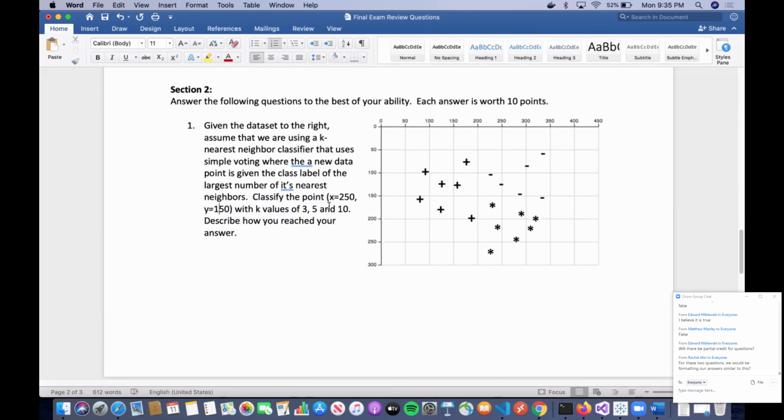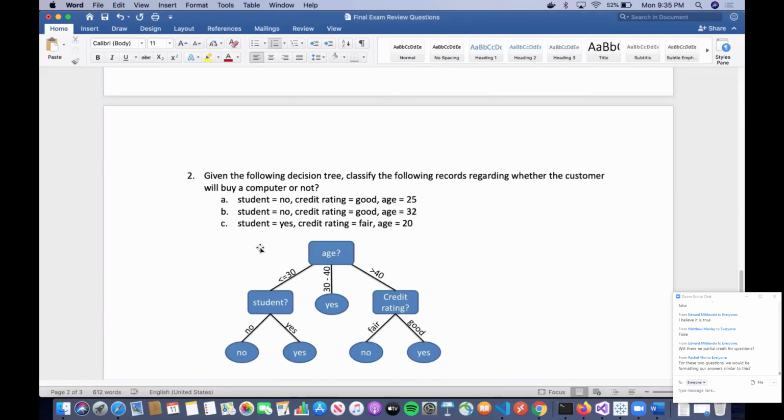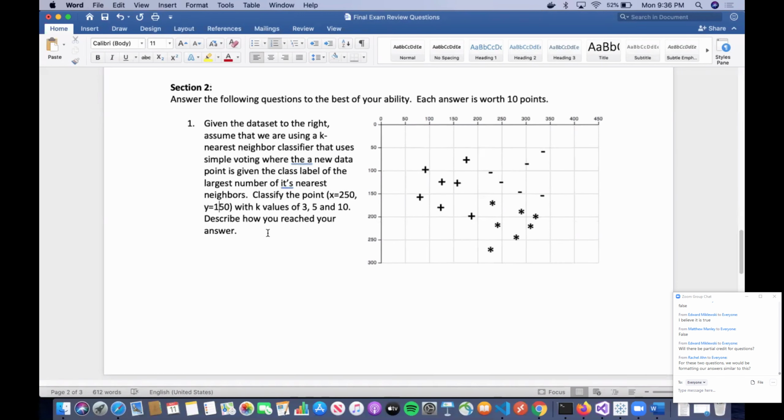Then the next round, you change K from 3 to 5. And the next round, you change K from 5 to 10. Then describe how you reach your answer. Any question on this? Is it really clear, well understood?